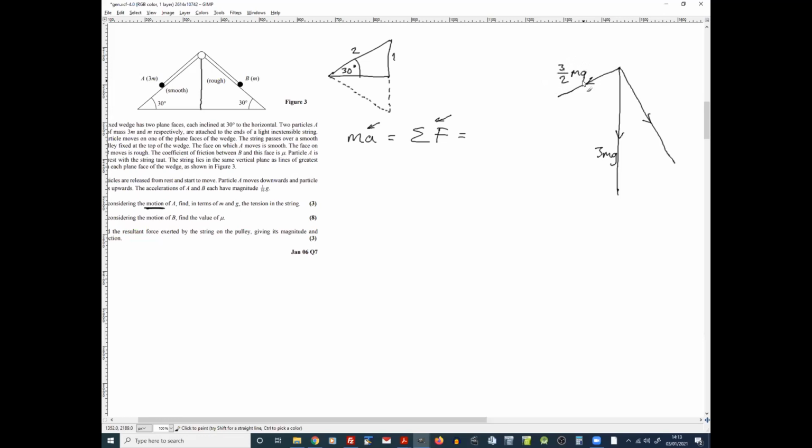Good. And what other forces are acting parallel to the slope on the particle A? That's acting down the slope, isn't it? So we'll put that positively. Any other forces acting down the slope?